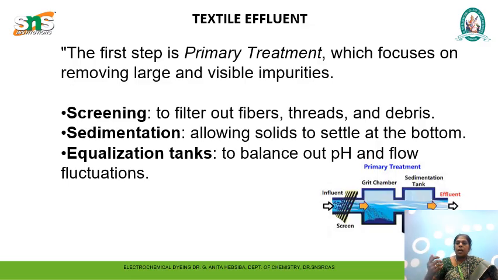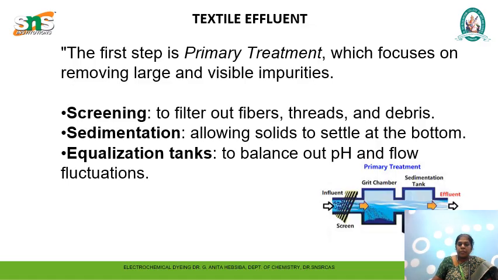from the textile effluent. After the screening process is over, the effluent, which we now call an influent because it is taken into a process, goes after the grit chamber into a sedimentation tank. In the sedimentation tank, the principle followed is the force of gravity.